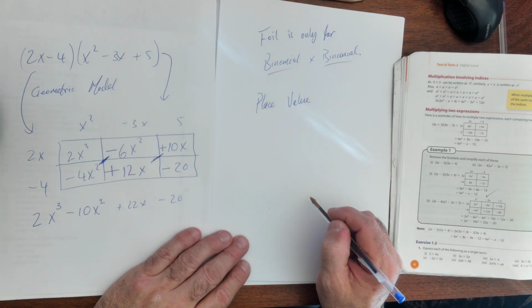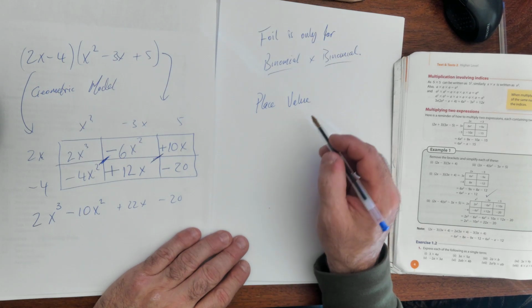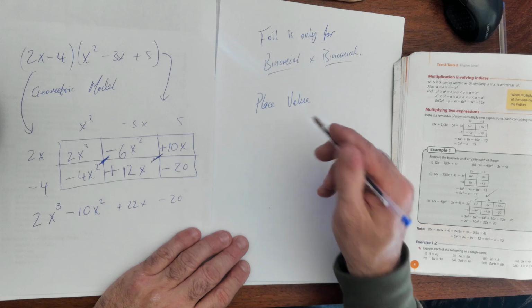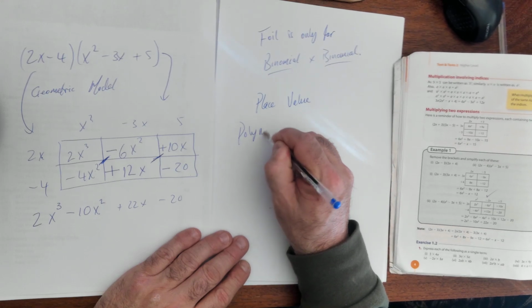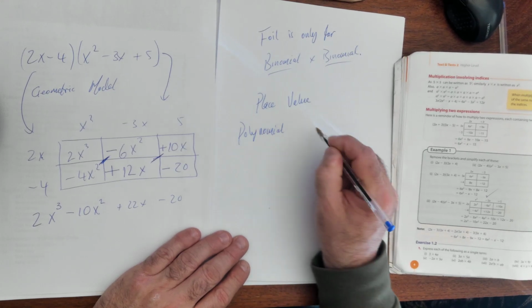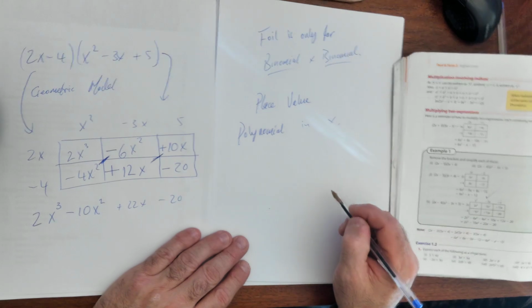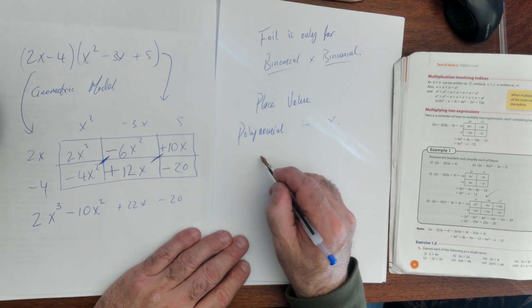The place value method is called that because when we write a polynomial in x, we can write things like this.